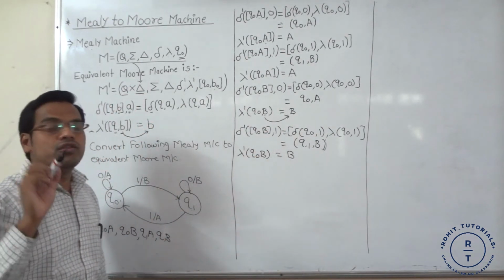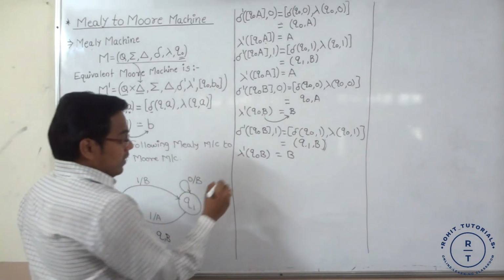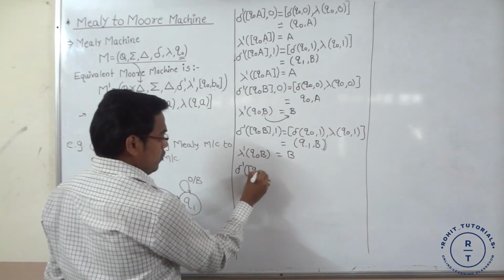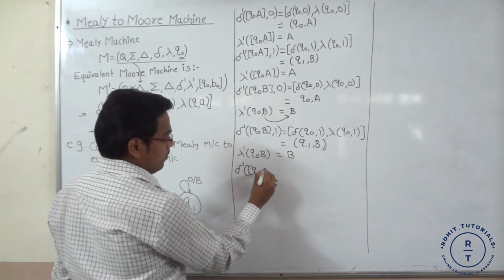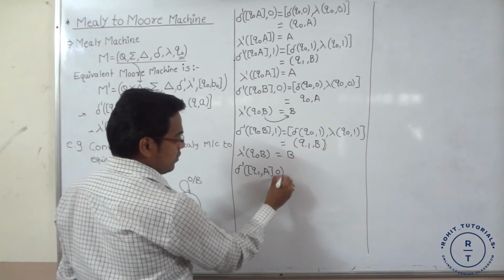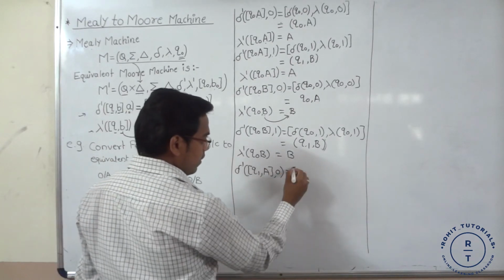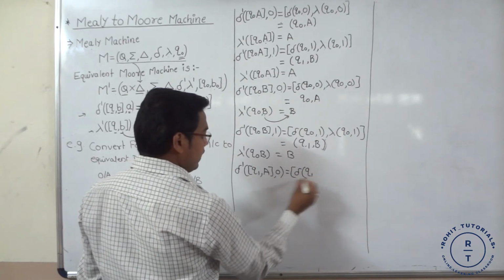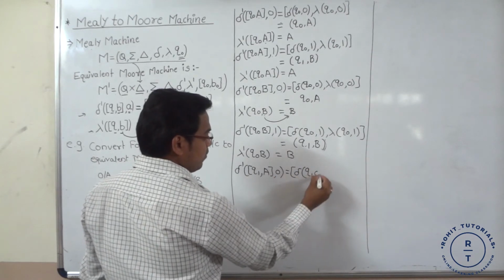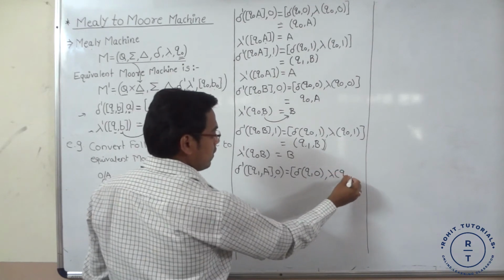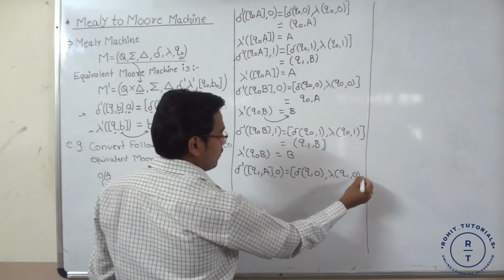Now for Q1 state, transition function Q1 state, output is suppose A, input is 0 symbol. For that transition function Q1 state, input symbol is 0, output function Q1, input symbol is 0.